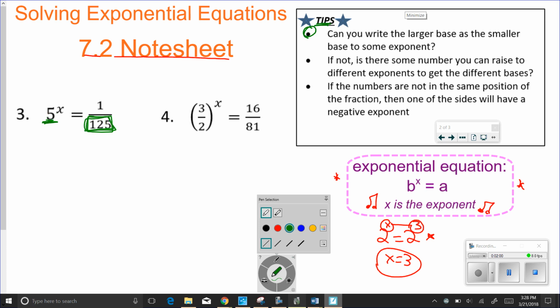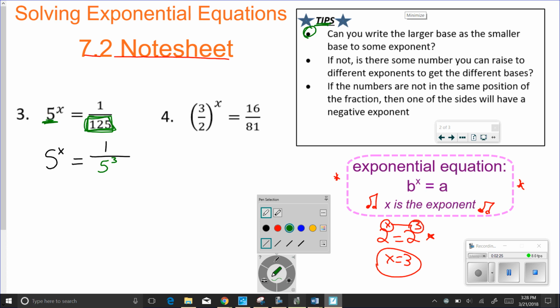And we can. 5 to the power of 3 is 125. So the left side we're keeping as 5 to the power of x equals 1 over, and 125 we're going to rewrite as 5 to the power of 3. All I'm doing is taking 125 and rewriting it, so these are equivalent equations.